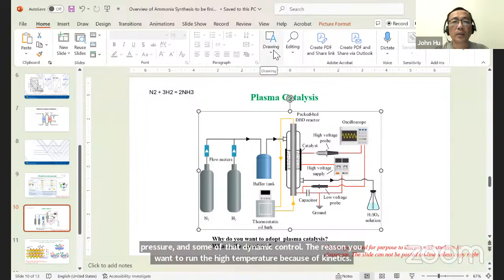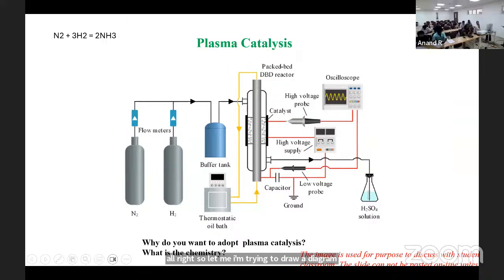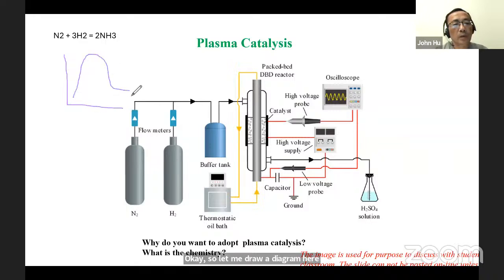So I'm trying to draw a diagram. Let me draw a diagram here. It's basically N2 and H2, and there's ammonia.